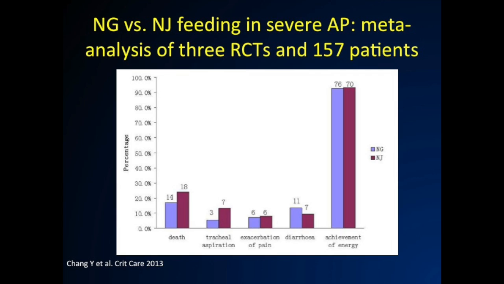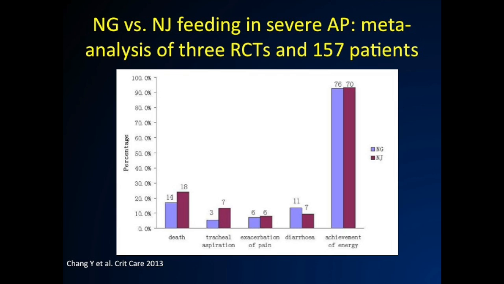There have been 3 randomized controlled trials, only involving 157 patients. I actually participated in a large NIH-sponsored effort trying to answer this question that unfortunately died a miserable death because of inability to recruit. But be that as it may, in these 3 studies, there was basically no difference in the major outcomes.